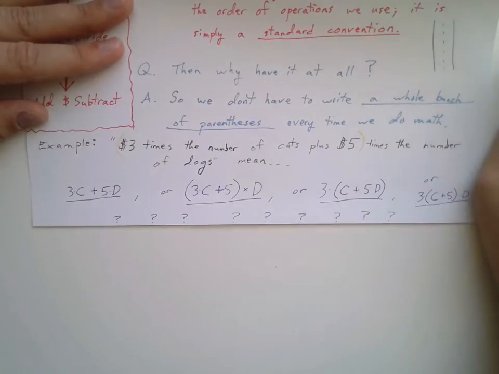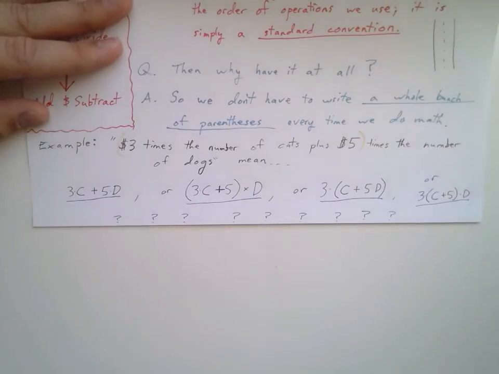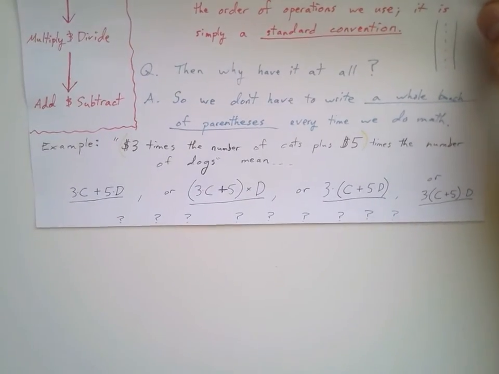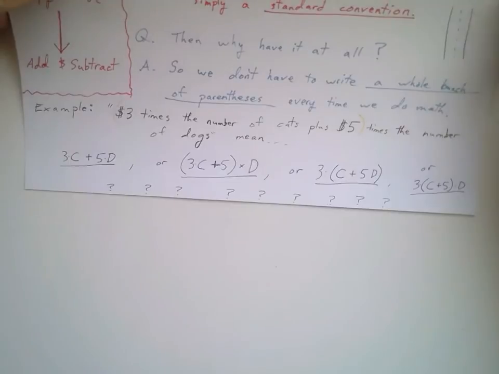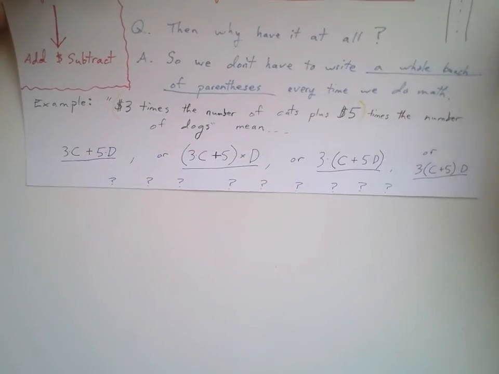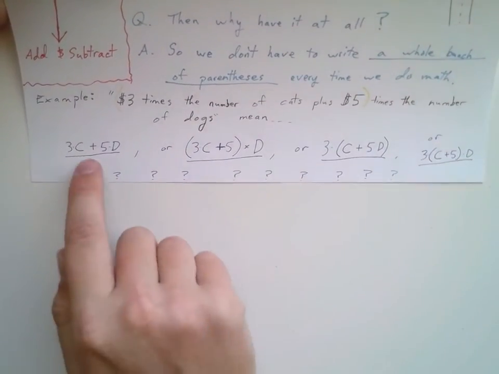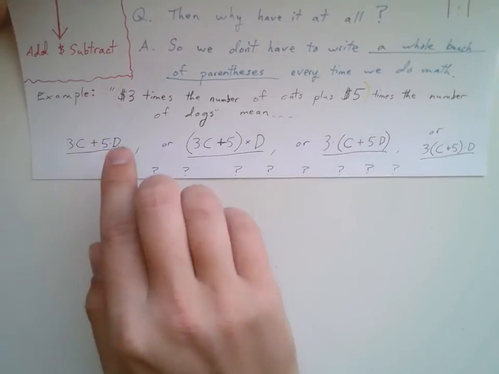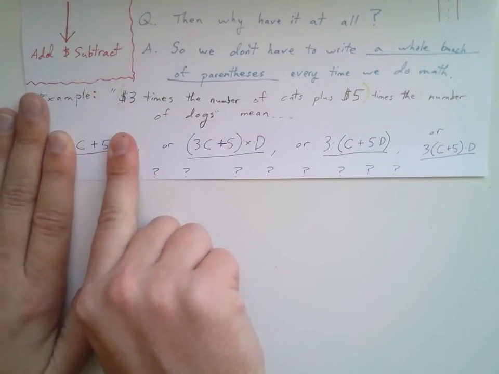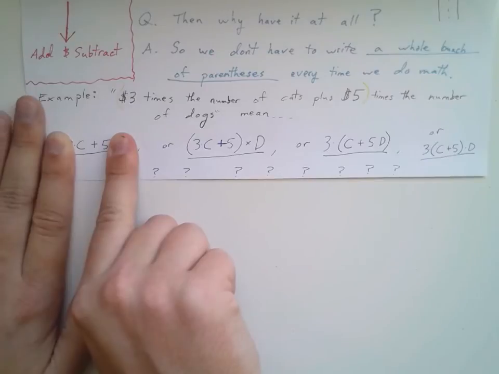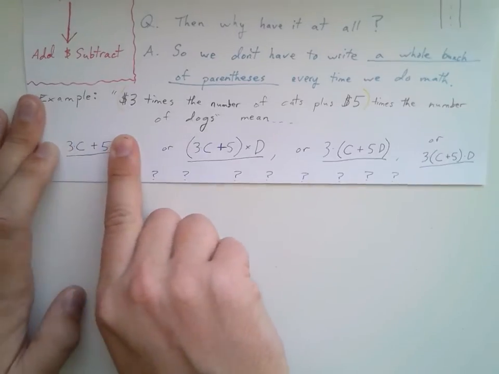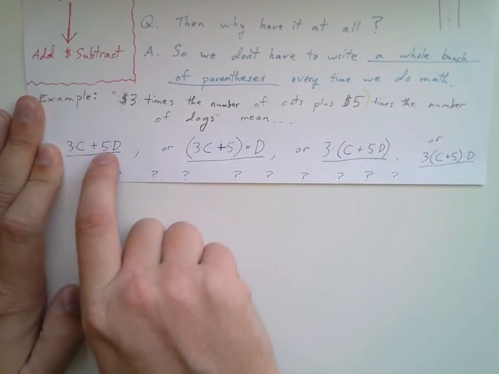So we just have to have standard rules so that everybody does it the same way and that we don't get mixed up. So if you see this, you know that you're not supposed to add the c plus 5 first, because that's the standard way that everyone does it, is multiply those first.